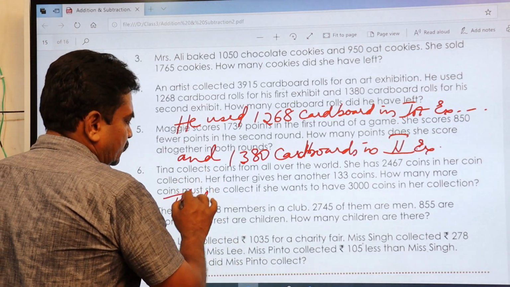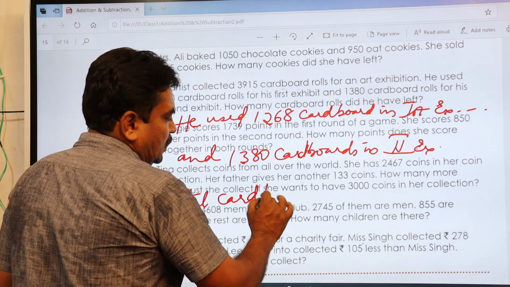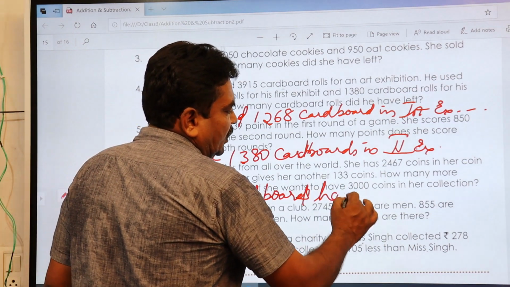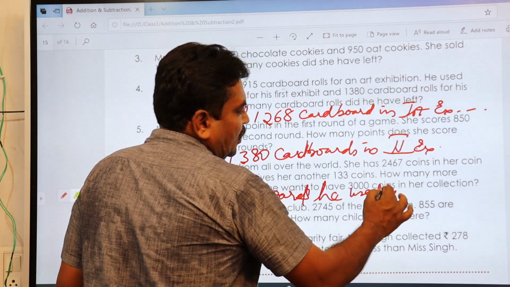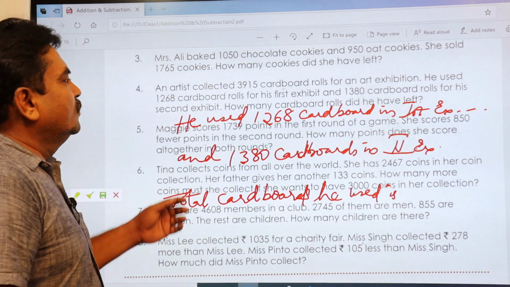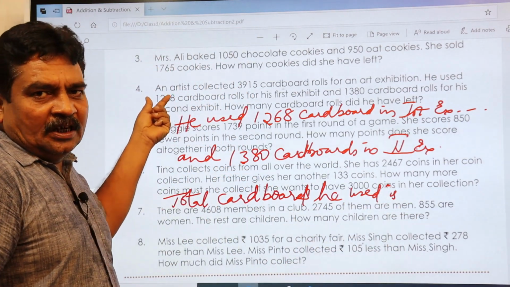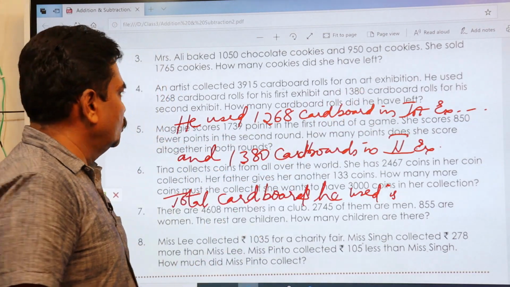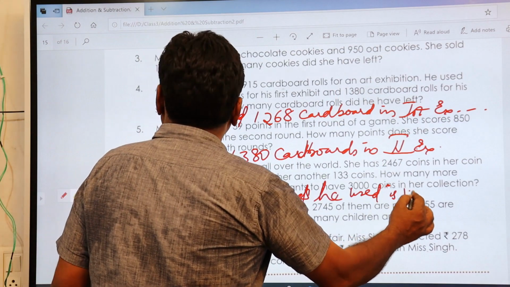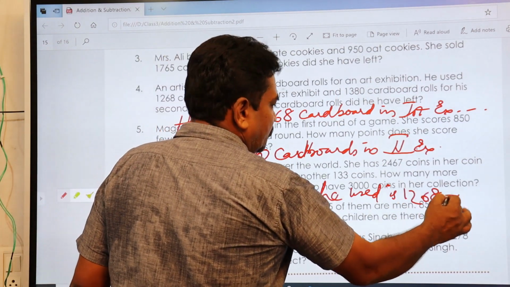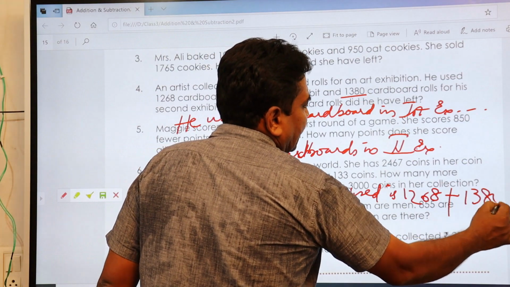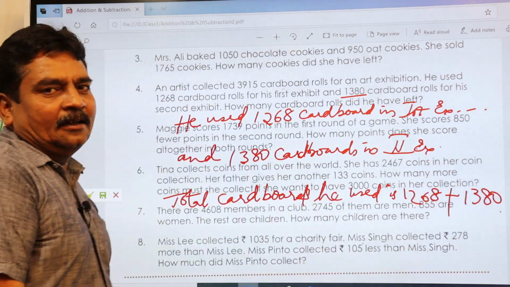Total cardboards he used is how much? The cardboards used in exhibition number 1 and exhibition number 2, that is 1,268 plus 1,380. This you have to add.